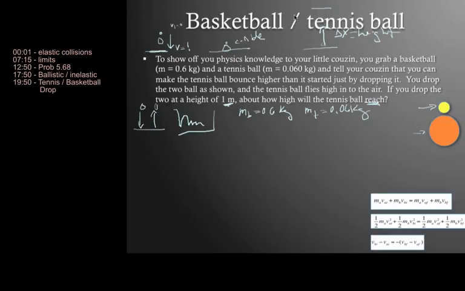So in order to do this, we're going to have to work backwards. To get this height, we could go to our kinematic equations. One of them that stands out is this one: v_final squared is v_initial squared plus 2a delta x. That's really nice because there's no time in here. We just have this x, and we want to find that x. We have velocities. We can probably get that from what's happening in this collision.